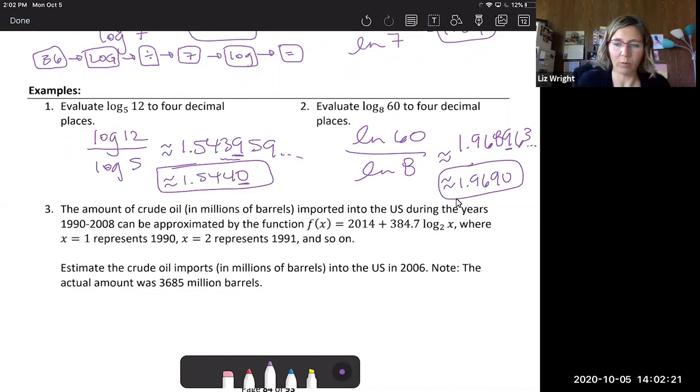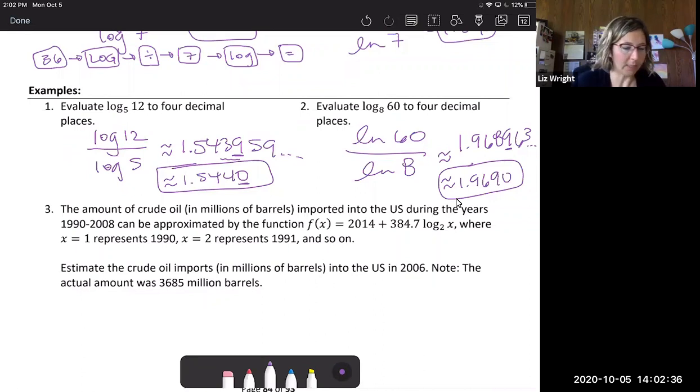All right, so you should be getting 1.9690. I am just going to make note of that as well because I don't have the longer decimal written down for myself, but I'll have it for next time.